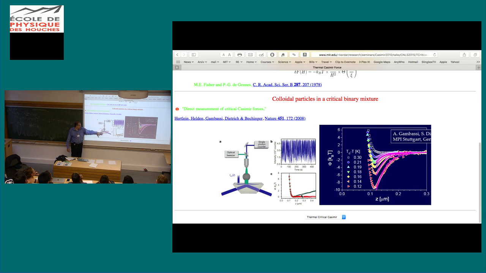So you had a colloidal sphere in a mixture of oil and water, and the bottom surface was glass. They could shine a laser, which partly was an evanescent wave that was going into the fluid, but enough of the evanescent field went into the fluid that it could light up the position of the colloidal particle. So what they could do is to follow the height of this colloidal particle that was performing these fluctuations.